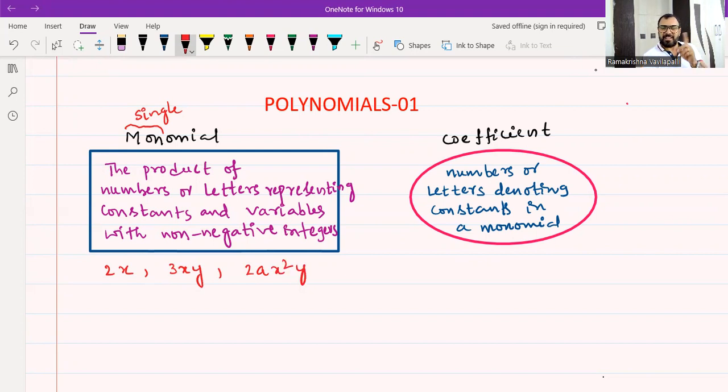Now you see what is the definition of monomial. The product of numbers or letters representing constants and variables, whose powers are non-negative integer powers.